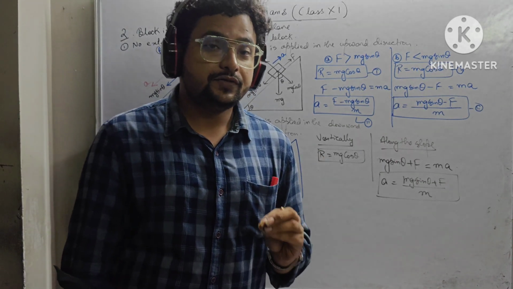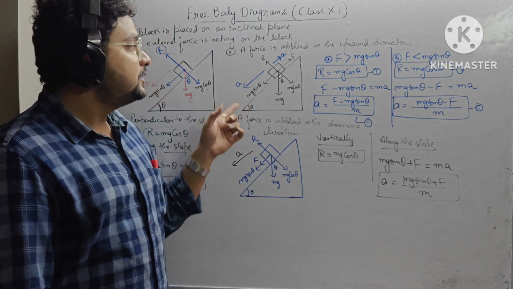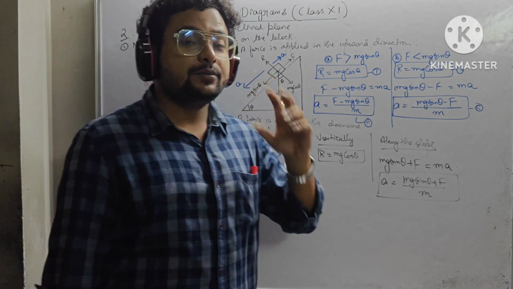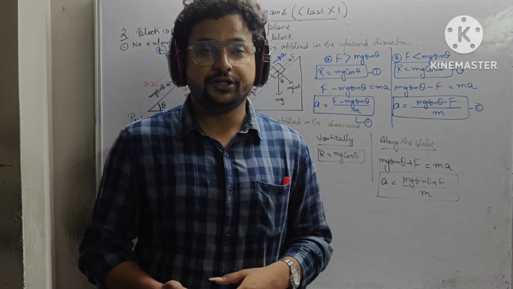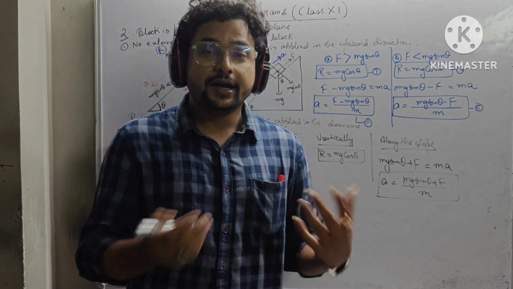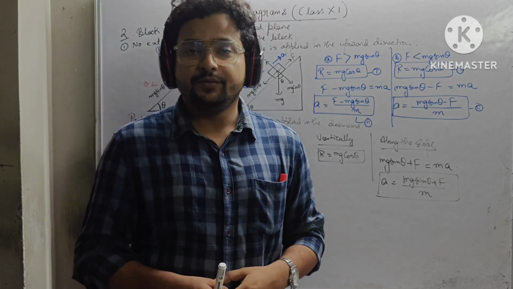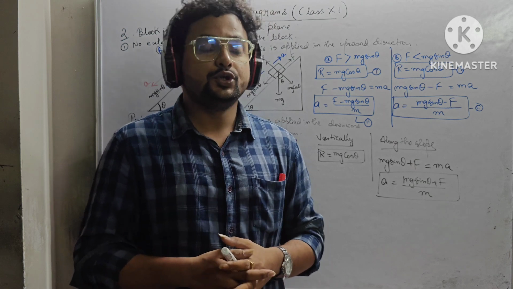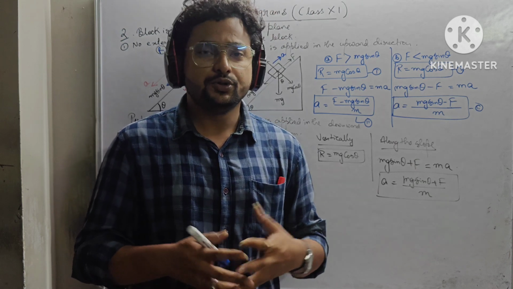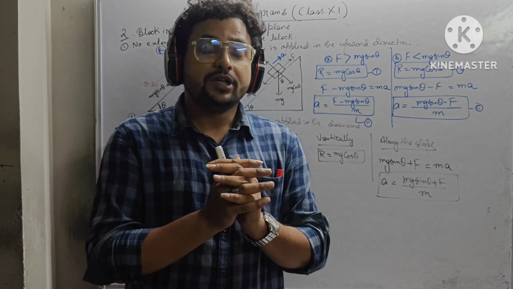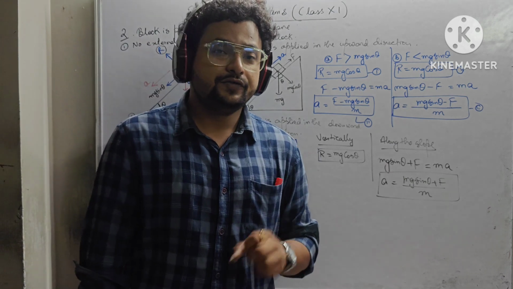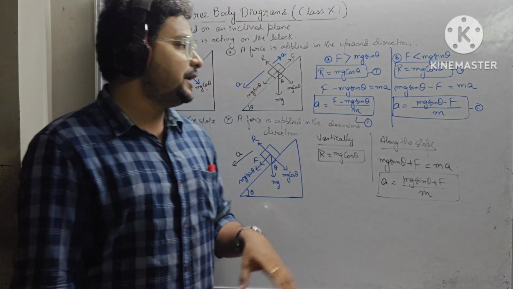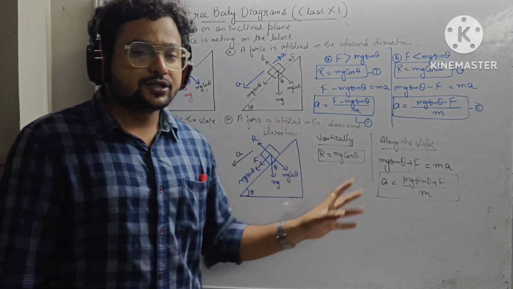If I consider friction, there will be one more force, but you have to do that after studying the entire chapter of friction. Afterwards I will make a separate video showing a few examples of free body diagrams with friction.